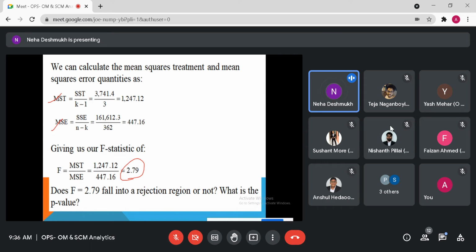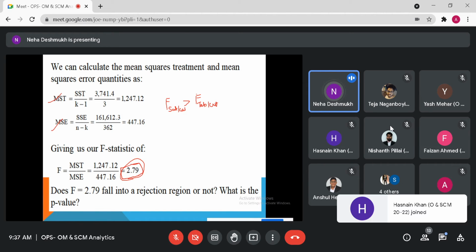Right. Now when F statistics, you have noted this. When F statistics or F calculated is greater than F tabulated or F critical. Listen carefully, everyone. This is our F statistics or F calculated, right?